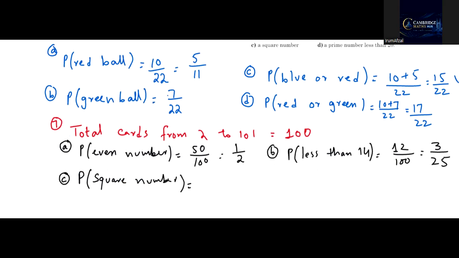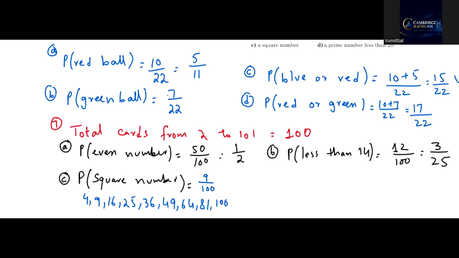How many square numbers do we have? 4, 9, 16, 25, 36, 49, 64, 81, and 100. Counting them: 1, 2, 3, 4, 5, 6, 7, 8, 9. So 9 out of a total of 100. These are the square numbers.